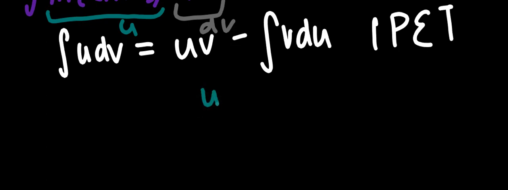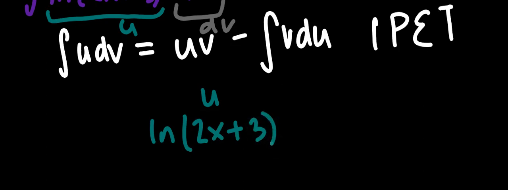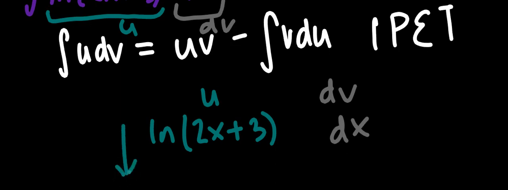So our u was ln of 2x plus 3, and our dv was dx. In the tabular method, you write it like this: on the left side you differentiate, and on the right side you integrate. It is basically this formula.